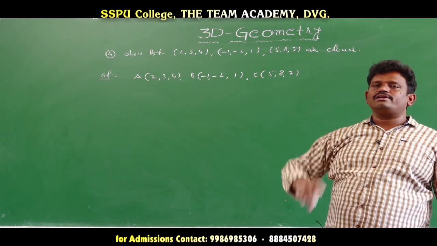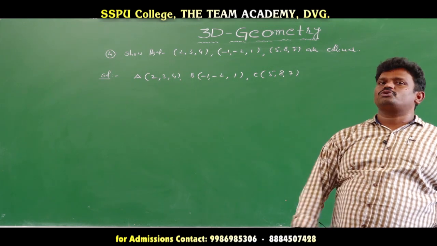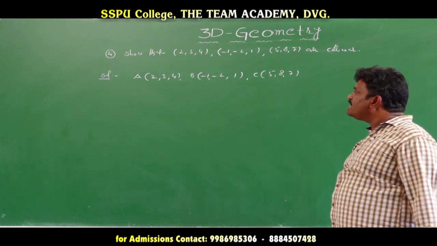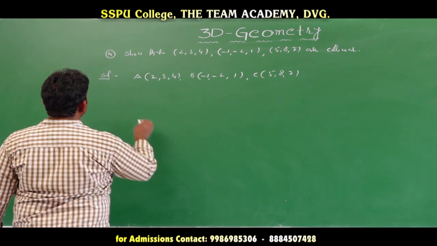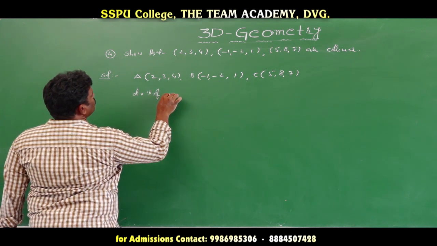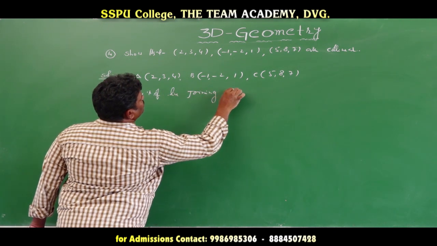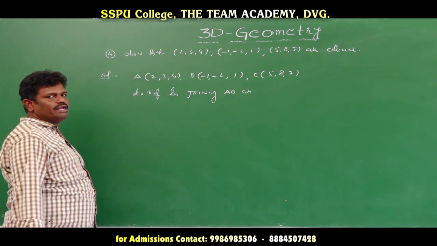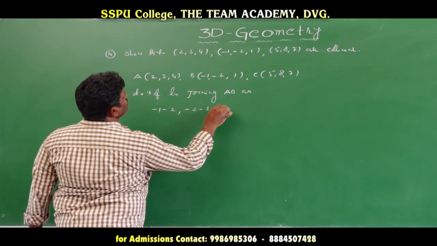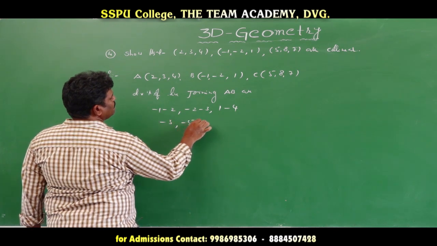Why? As already explained in direction ratios, any two sets of direction ratios of a line are proportional. Any two sets of direction ratios of a given line being parallel means they are connected with the same line. So first we find the direction ratios of the line joining AB: minus 1 minus 2, minus 2 minus 3, 1 minus 4, that is minus 3, minus 5, minus 3.